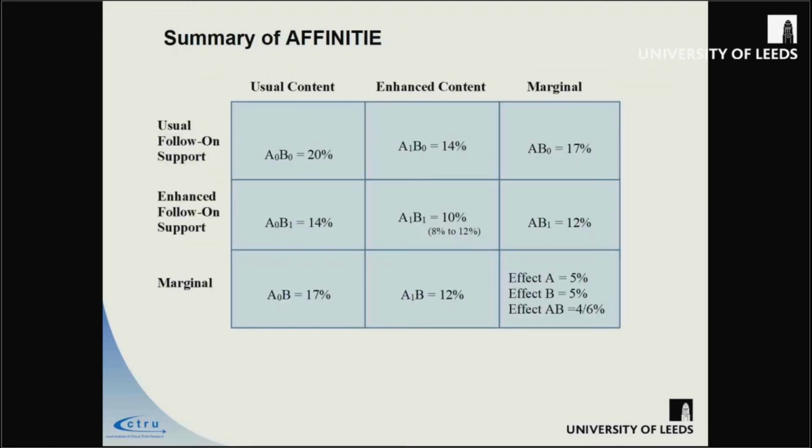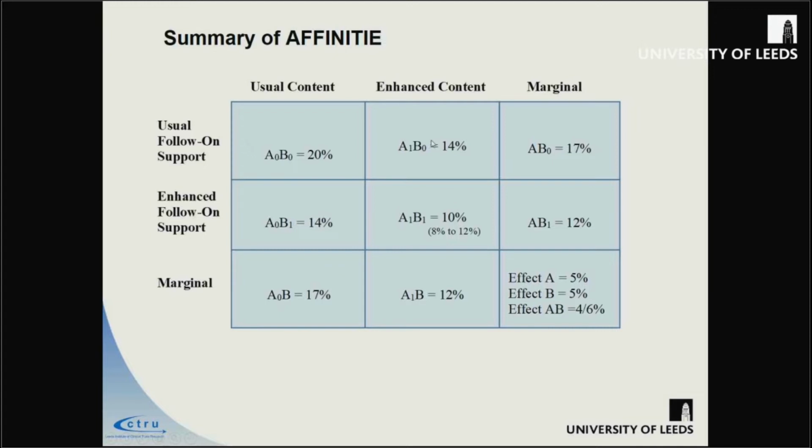In terms of where we saw this, you end up with a 2x2 factorial design with your experiment, and we were expecting around 20% of the transfusions to be unnecessary in the usual group. We were hoping that enhancing the feedback content would reduce that to 14%.